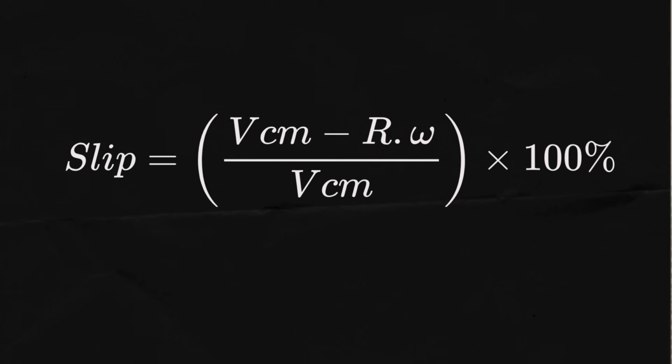And how will it affect the rolling motion? The difference between the rotational and translational velocities, we need to quantify them. For that, we introduce a factor called slip. Slip can be defined in multiple ways, as a ratio or in percentage terms. Let's go by the percentage definition here.